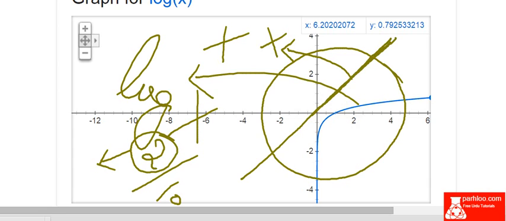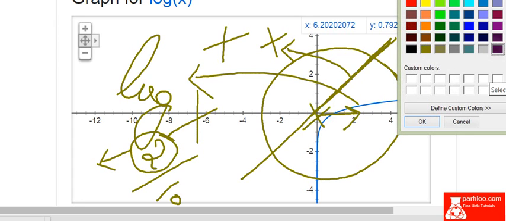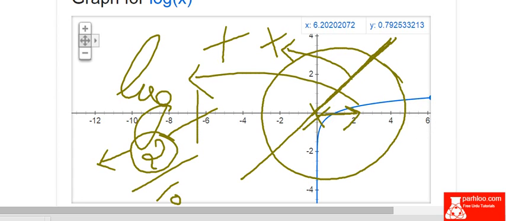For x greater than 0, this is the positive x-axis. In this axis, x is greater than 0.